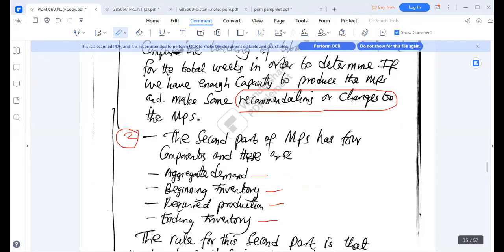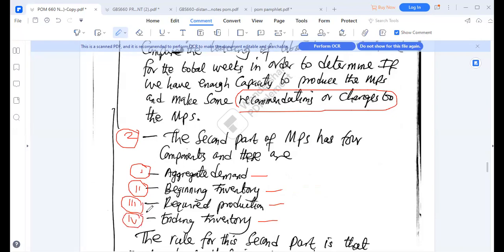That has to do with 4 components. The first component is aggregate demand. Then the second component is the beginning stock. The third component is required production. And the fourth component is ending stock.